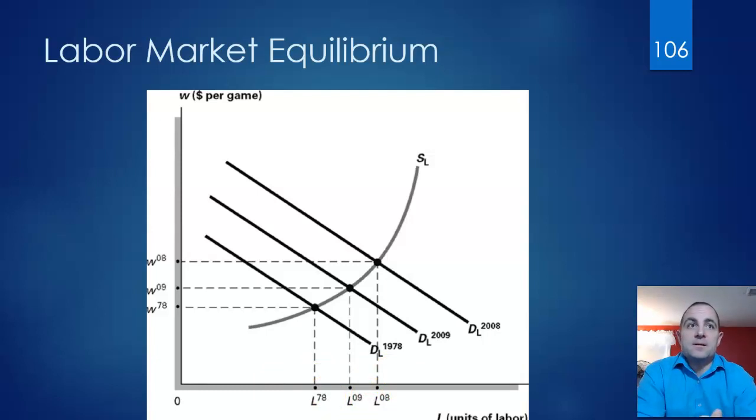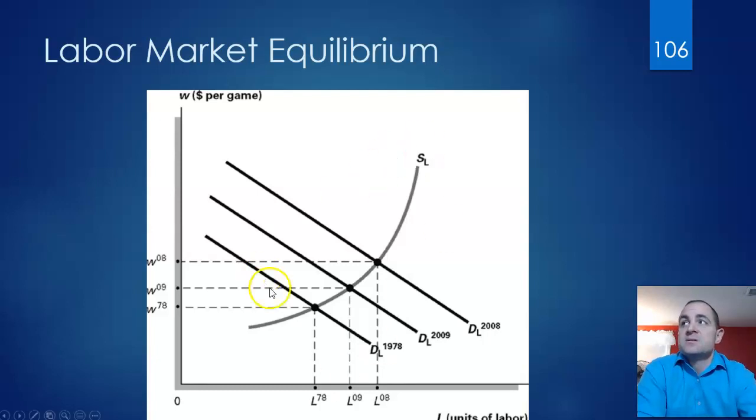Now, in 2008, there were declining tickets. During the previous economic downturn, this caused the marginal revenue product of labor of players to decline. So you would expect the wages would go down.